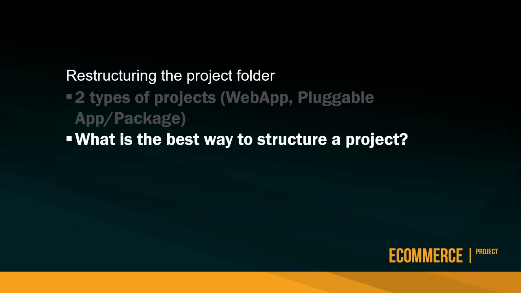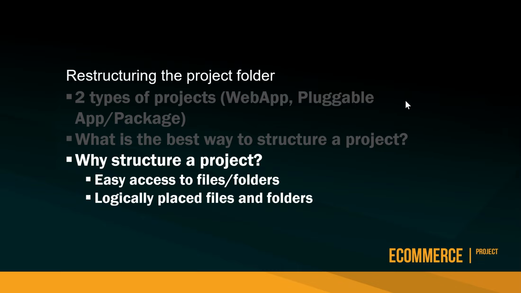That question is probably better asked as, why structure a project in the first place? As I alluded to, we structure a project into files and folders to make it easy to access them, and to logically place them into logical groupings.